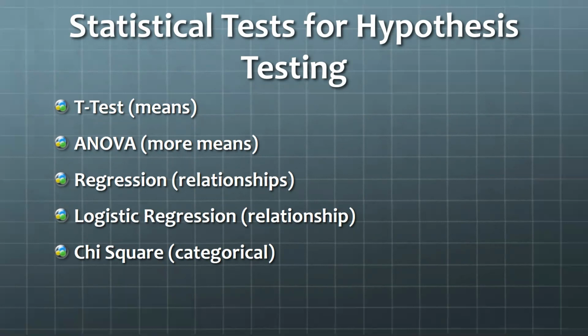Here's where our understanding of level of measurement becomes so important, because if you have categorical data, you cannot perform these two tests. These tests have to do with means, and to have means, you need to use interval data.